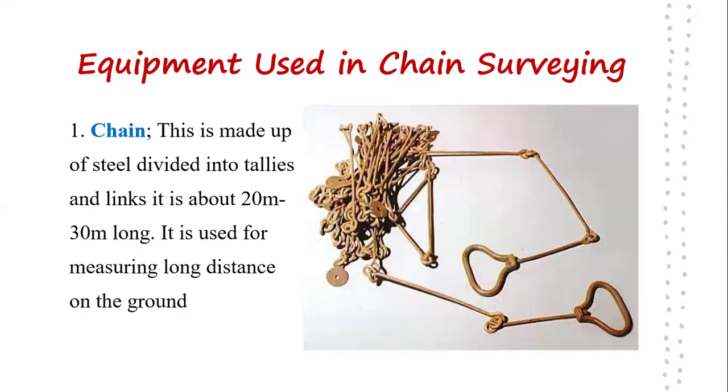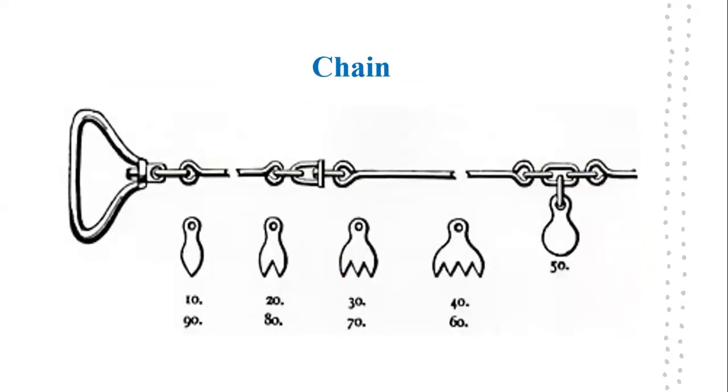It is used to measure these distances of 20-meter to 30-meter long. So it is used to measure these kinds of long distances on the ground. And here is the other illustration of this chain. And here are these links which are specific. They are representing the various measurements that can be shown within this kind of a chain.